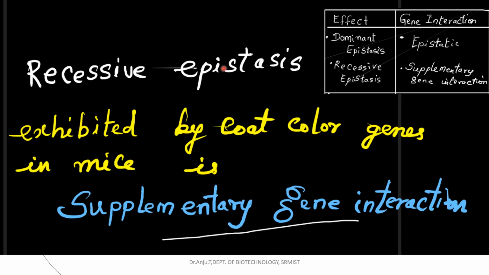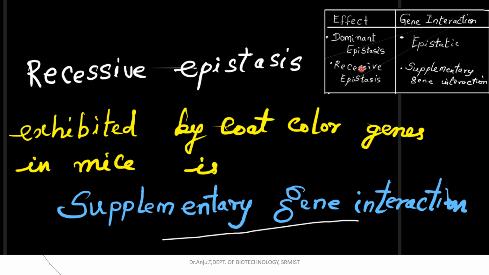Therefore, the recessive epistasis exhibited by coat color genes in mice, we call it supplementary gene interaction. The same applies to the dog coat color also. So the final effect is epistasis, and here the gene interaction is one gene masking the other.